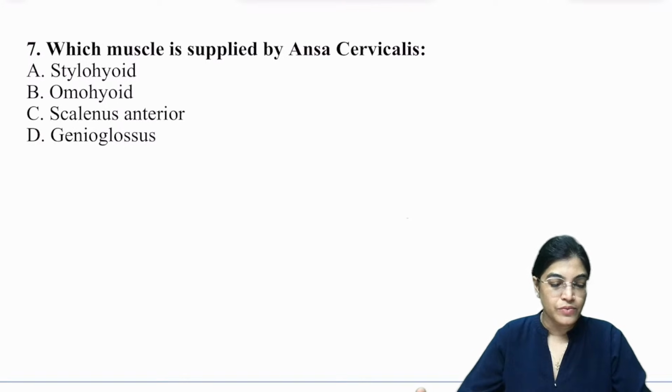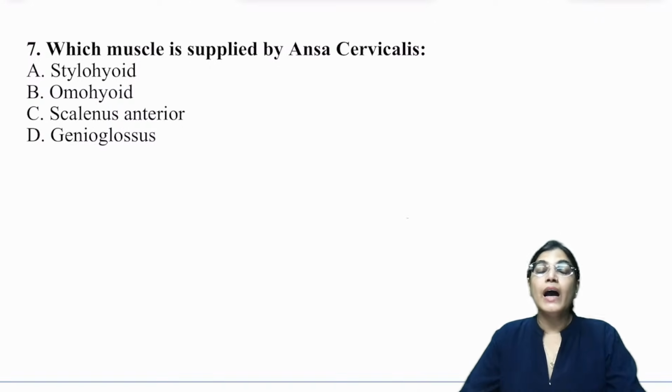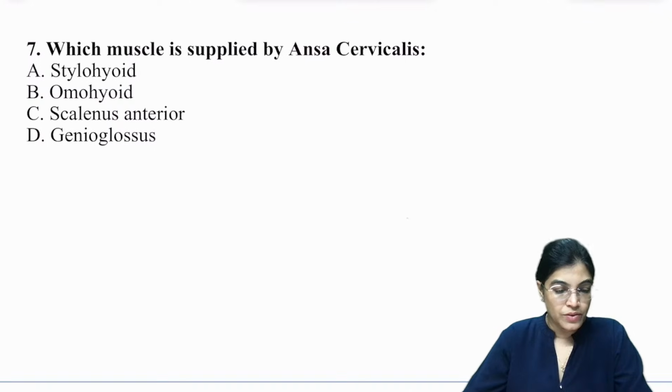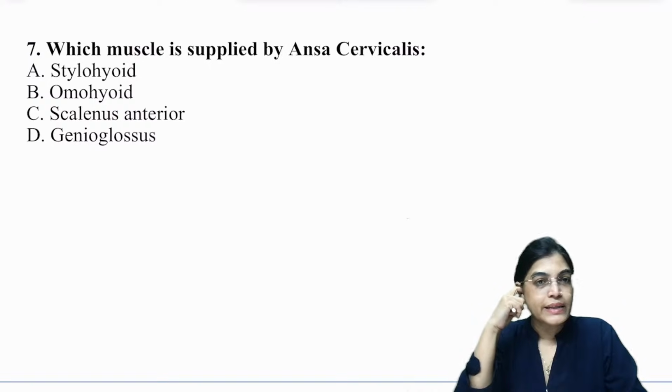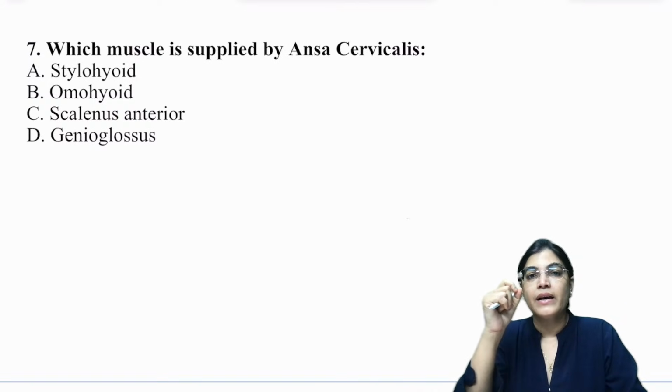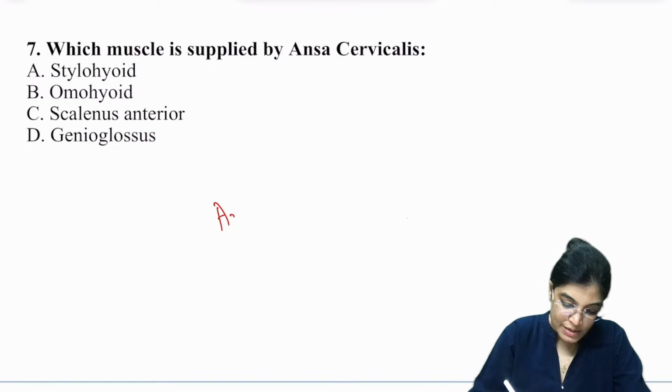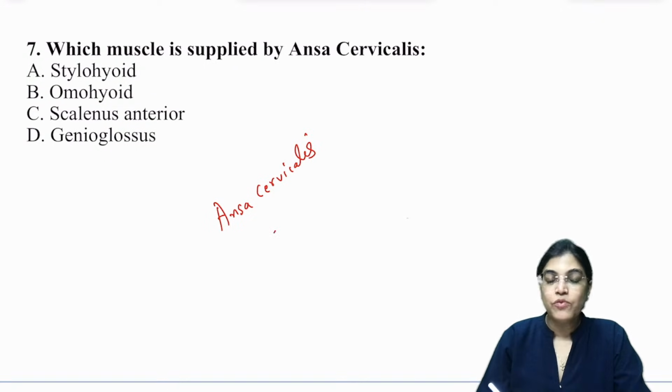And this nerve loop is embedded in the anterior wall of carotid sheath. It is very important for you to know that the Ansa cervicalis nerve loop is formed by cervical nerves.